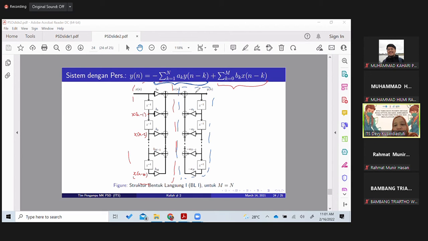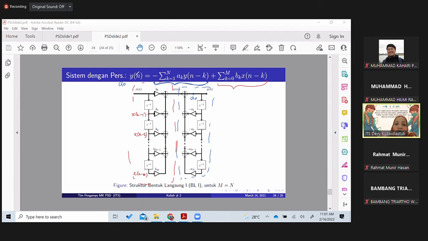And here there is no multiplier for this part, because this is actually related to A0. You remember the equation, this is A0 times yn.